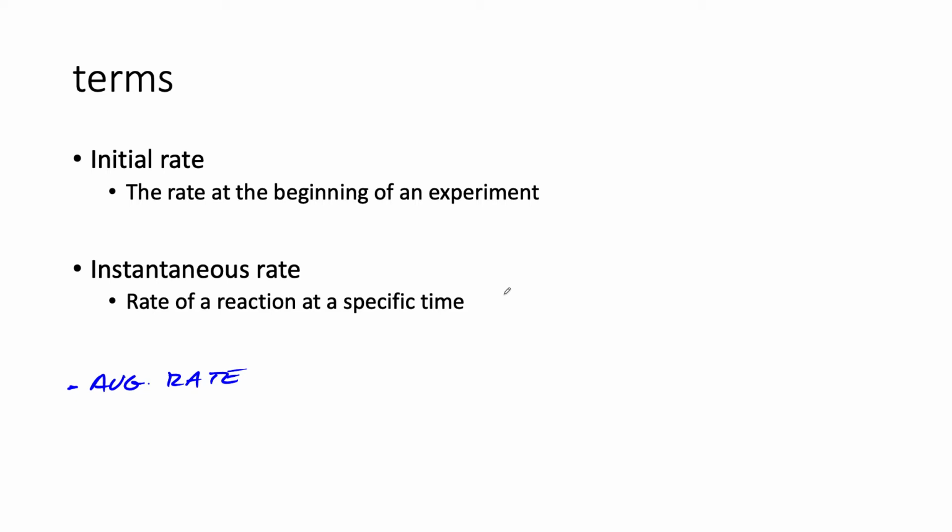This is not used that much, but engineers like to use this when working out chemical reactions to bring up into factory specs. Now, average rate is the average over time. Not that much at all. In this class, we're going to use initial rate, the initial rate of an experiment.